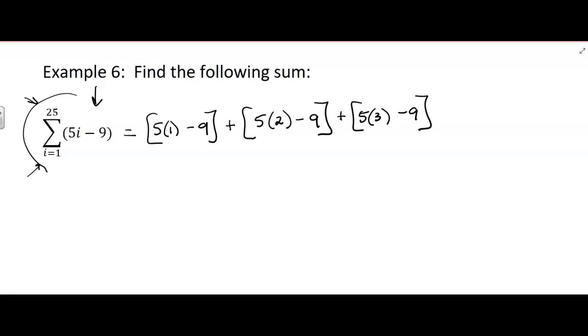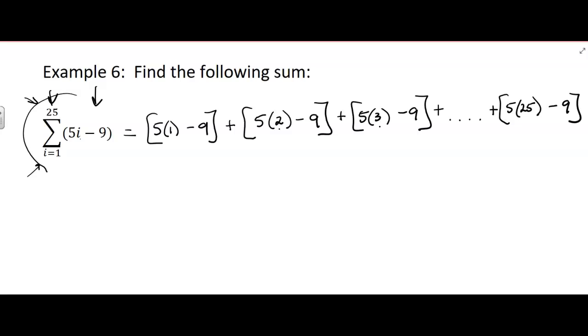So hopefully you're understanding you're putting in the I as 1, and then 2, and then 3, and that's 3 terms. You could find more, but we're going to skip to the end. I was going to find 4, but I'm running out of room. I can do the last term when I is 25, because I'm going to need the last term. So that's going to be 5 times 25 minus 9.